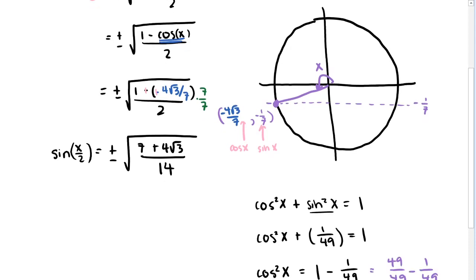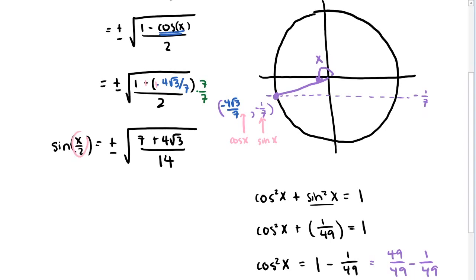And again, the idea here is that x over 2 is half of this angle x. And so I can compute sine of x over 2 by knowing cosine of just x. And cosine of x, that's negative 4 square root 3 over 7. And so plugging that in brings us to plus or minus the square root of 7 plus 4 square root 3 all over 14. And then the last thing we need to do is figure out whether we're looking at a positive value or a negative value.